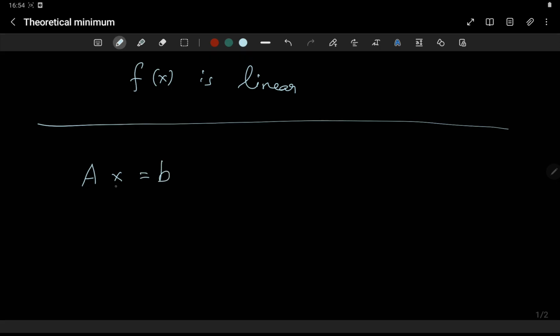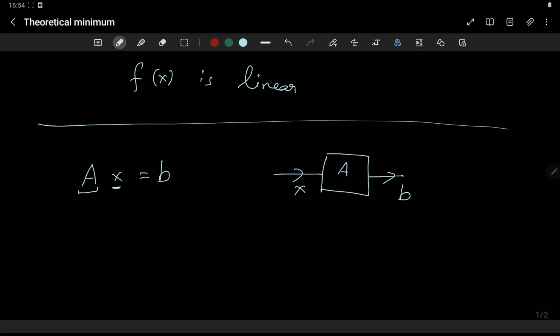Say this is a column matrix, like a vector, and this is another column vector. A is one particular matrix, and you're giving x in this equation, and what it will give is A into x, which is b.